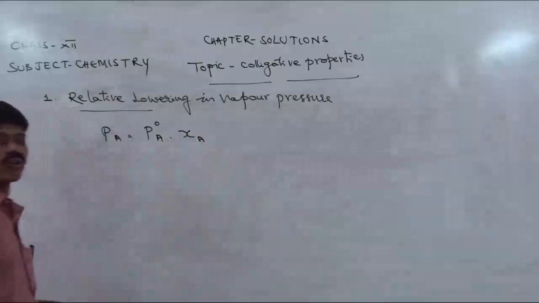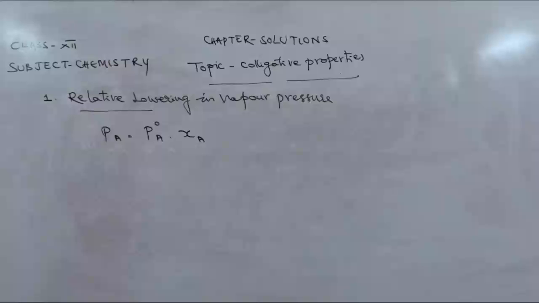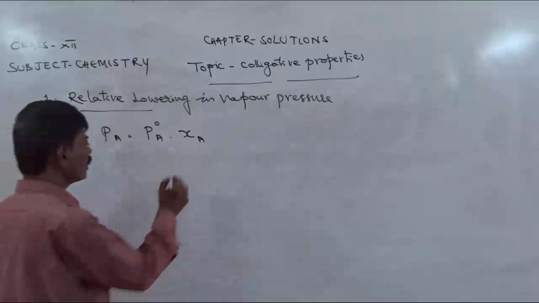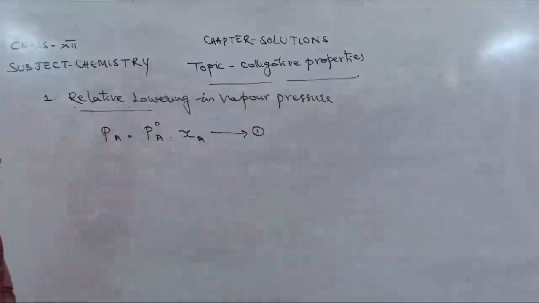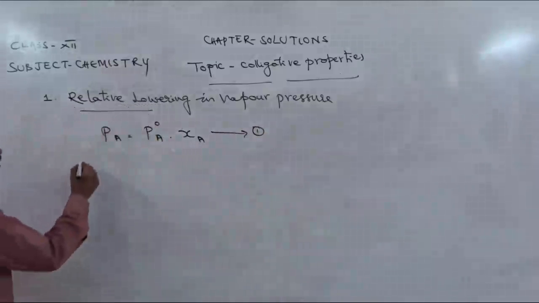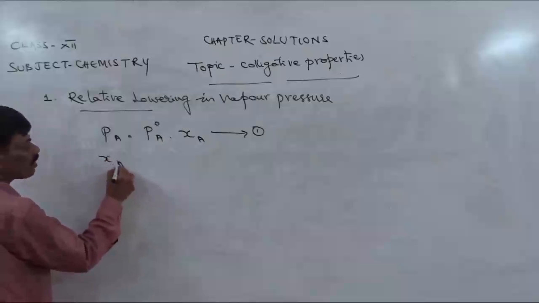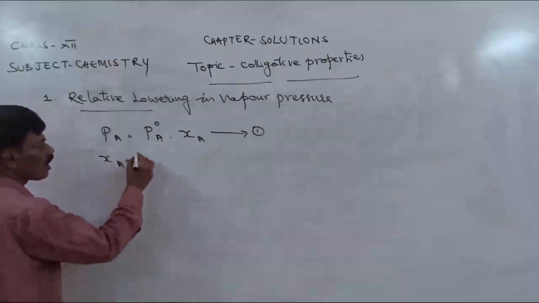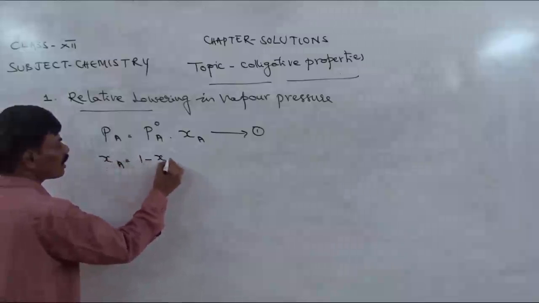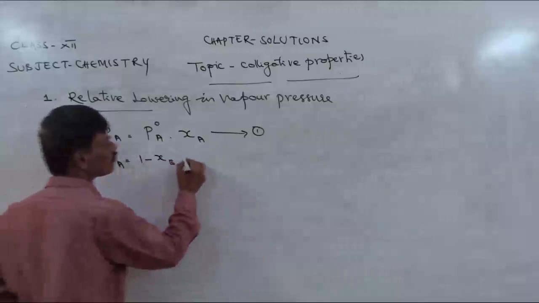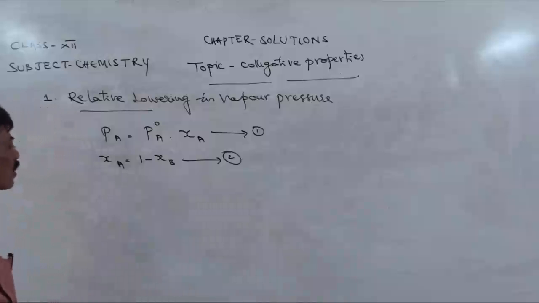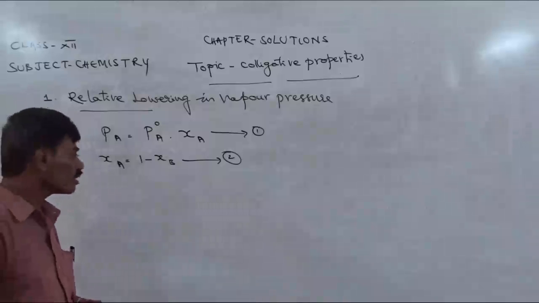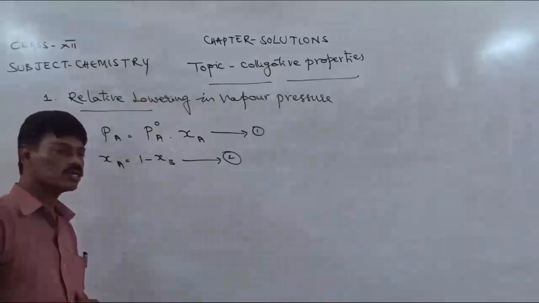Chi stands for mole fraction. Chi A stands for mole fraction of the solvent. This is known to us according to Raoult's law: PA = P0A × chi A. And we know chi A, that is mole fraction of solvent, is equal to 1 minus chi B, because mole fraction of solute plus mole fraction of solvent is equal to unity, that is, equal to 1.